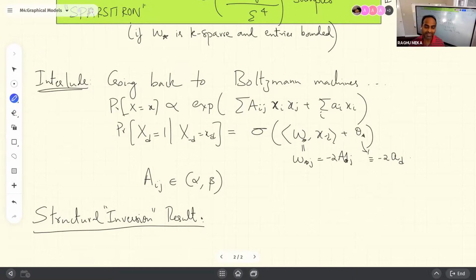So often in such cases, you have to show an inversion result, that if your prediction error is small, that means you are also close in terms of the weights. Okay?